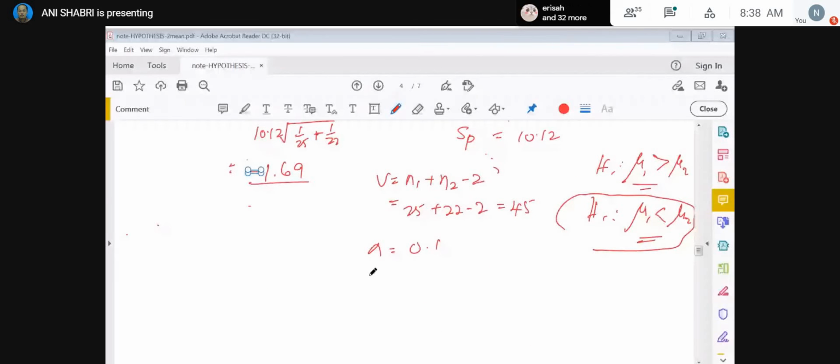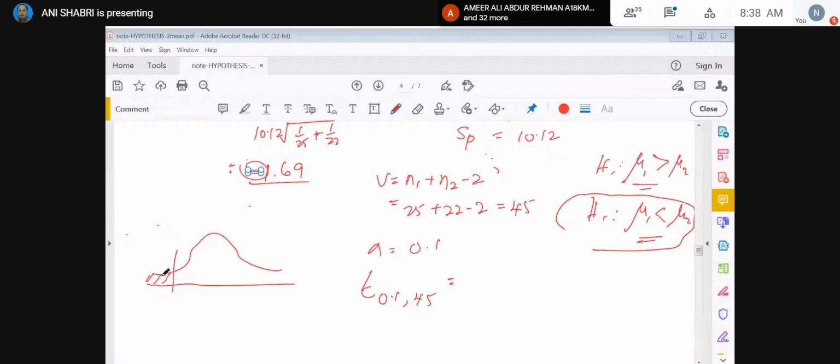Okay, the region is on your left hand. Left. If you see this one negative, you must compare using negative. For this one, must negative. And this one accept. This one reject H0.